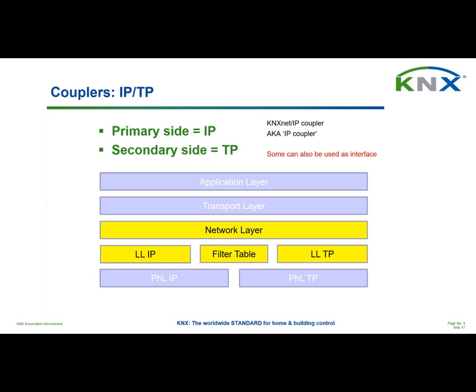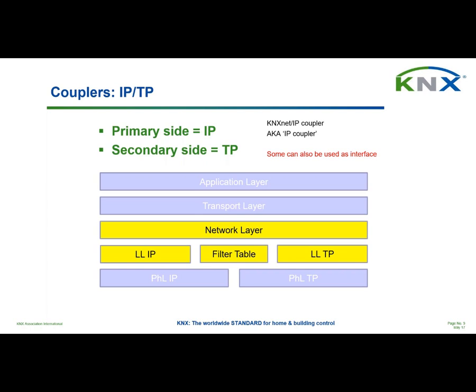And then there is IP to twisted pair, but please note that now the primary side is IP and the secondary side is twisted pair, so that's different. These devices are called KNX NAT IP couplers, or also short known as just IP coupler. And most of these KNX NAT IP couplers can also be used as an interface.